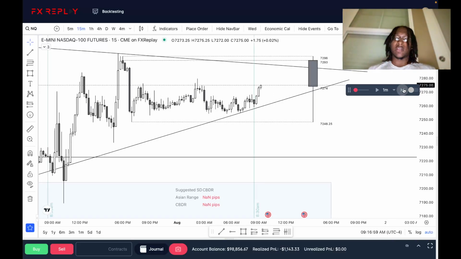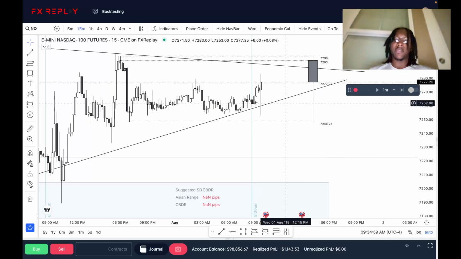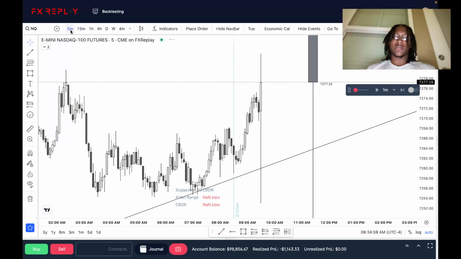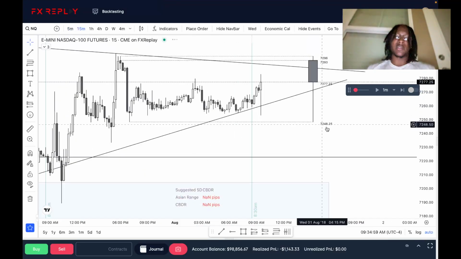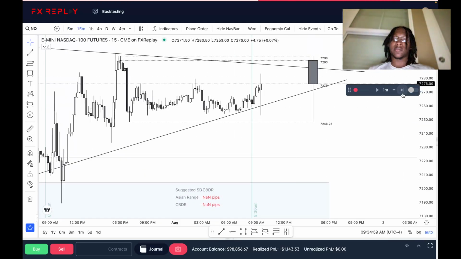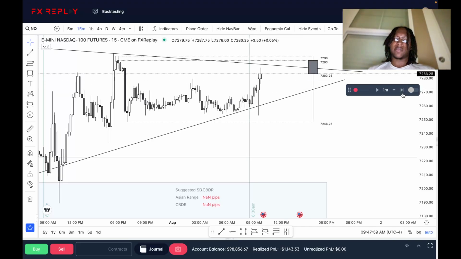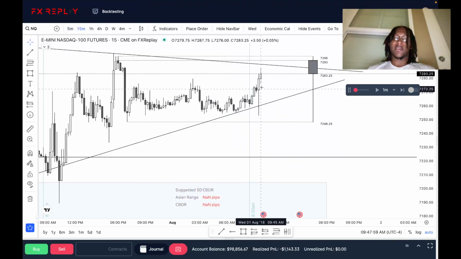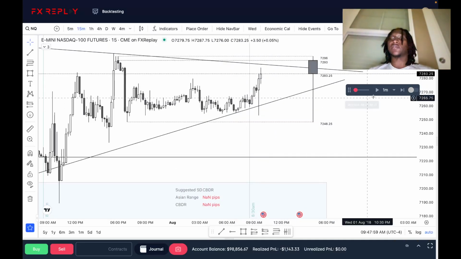Ideally, I would want to see the lows taken out first. This is 9:15. 9:30, we sweep these lows here. It's a 5 minute opening entry. I mean, there's that change in state of delivery here, entry.